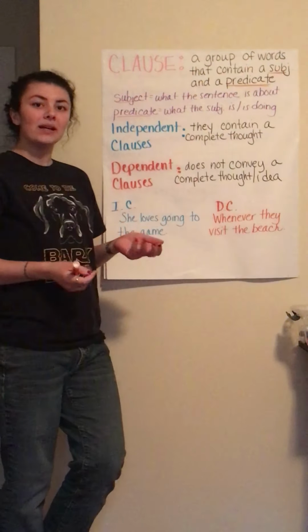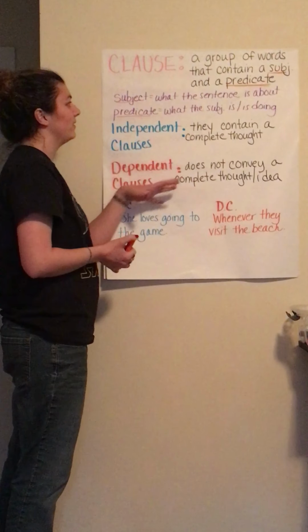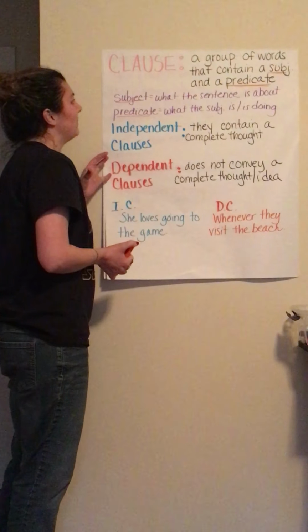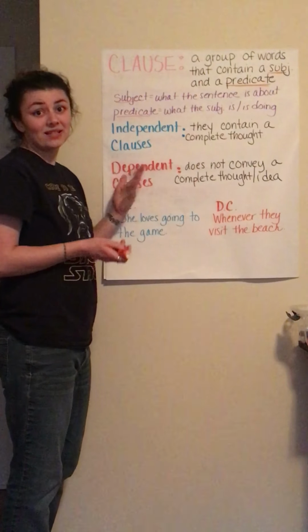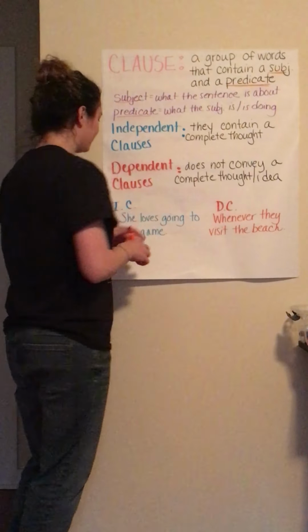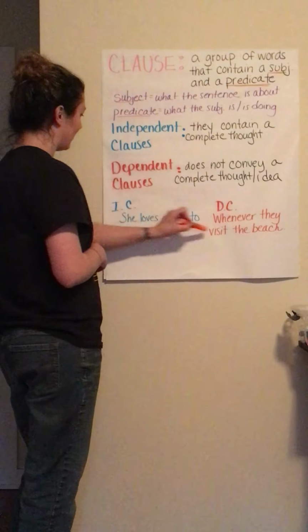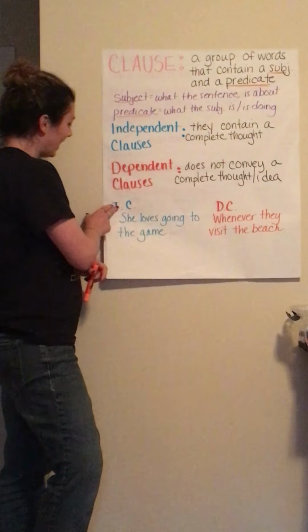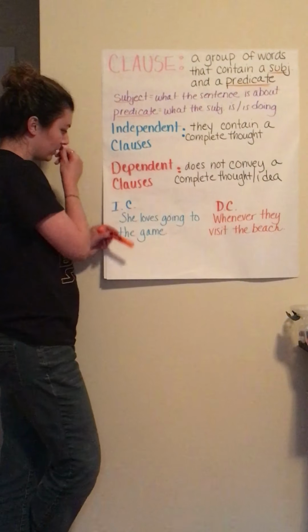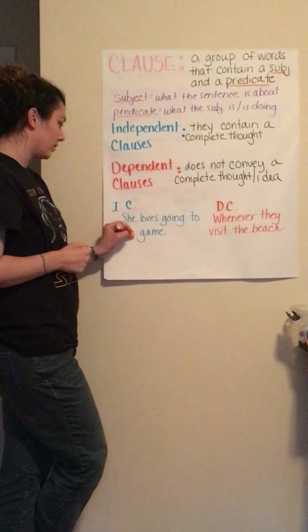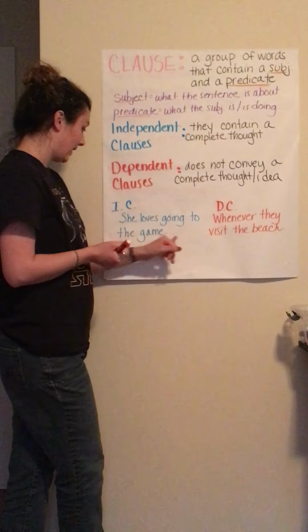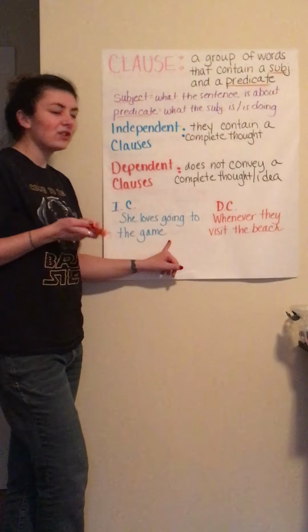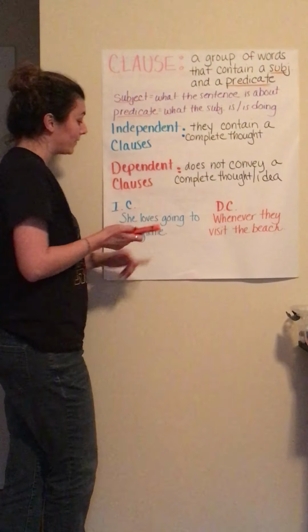I want to make that analogy to complete our line of thinking between independent clauses and dependent clauses, and state a formal difference, essentially. So let's take a look at these two examples. We have IC, independent clause: She loves going to the game. We know it's a complete sentence because it starts with a capital letter and ends with punctuation, but that's not always the biggest indicator. We have to read it out loud.